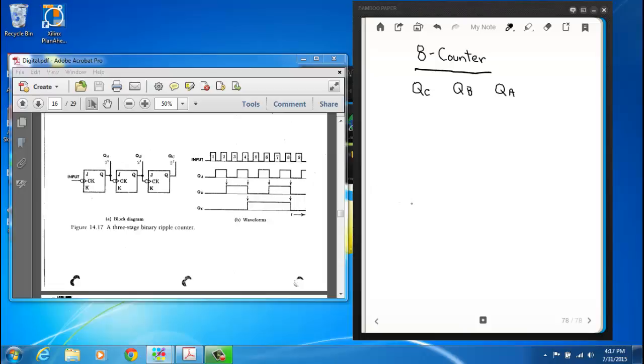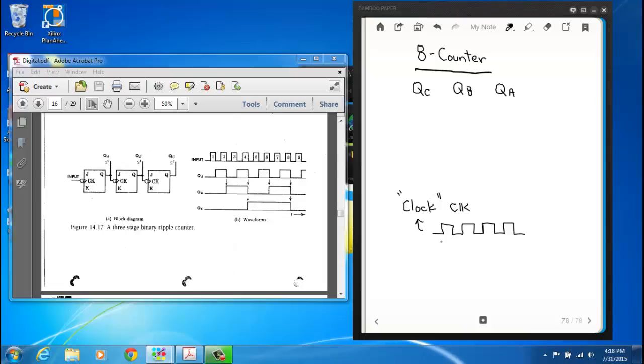Now before we talk about how this counter works, I just want to mention that the term clock in digital circuits, which we abbreviate CLK, that you see as one of the inputs on a JK flip-flop and also one of the inputs on an edge trigger D, refers to a periodic square wave, because a lot of times that's what you'll have at the clock input of a flip-flop: pulses happening every certain amount of time.